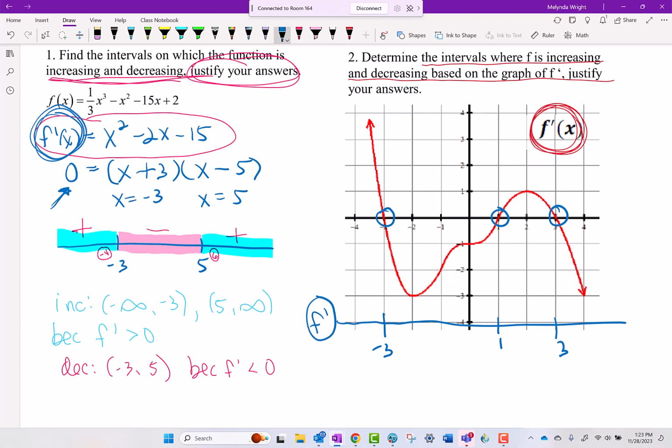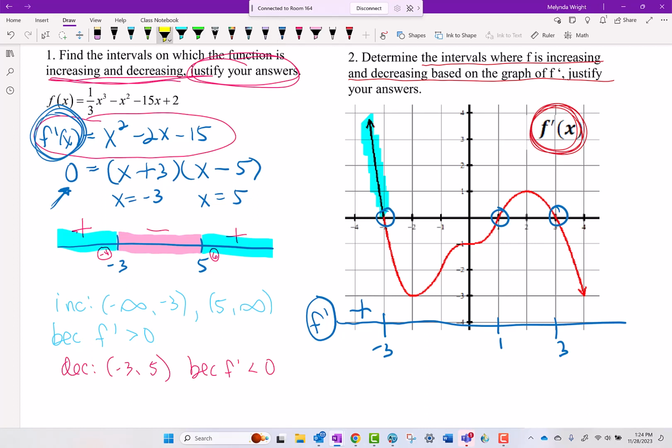That's the y value. So as I'm looking at my graph, what is the y value on this little section right here? Is this y value positive or negative? That y value is positive, so this section is positive. Now let's look at the next section.